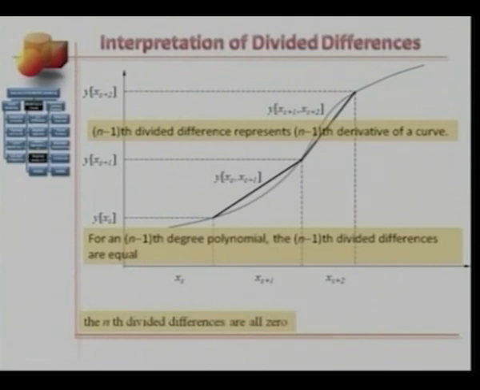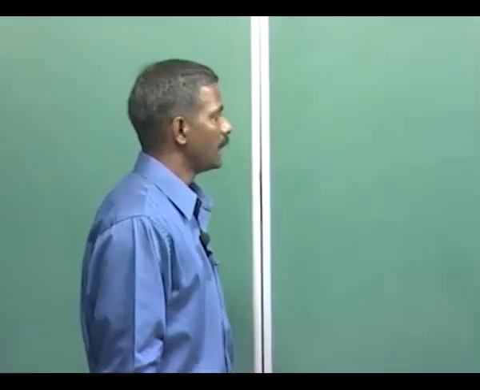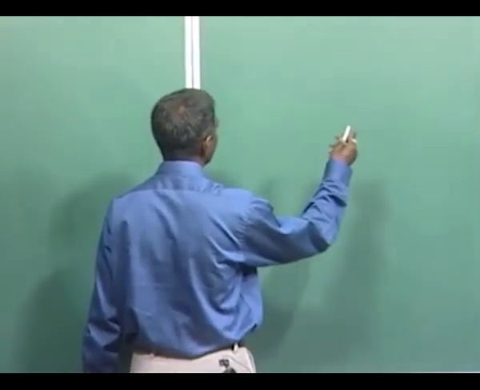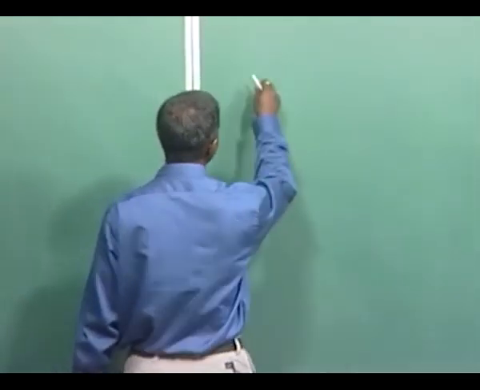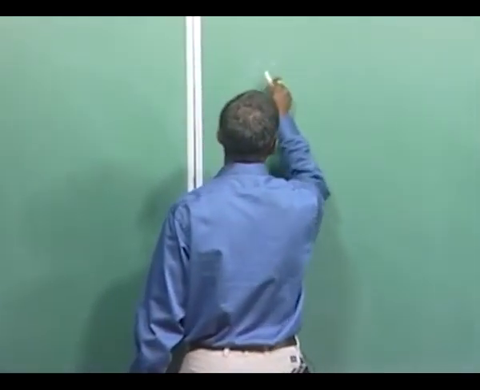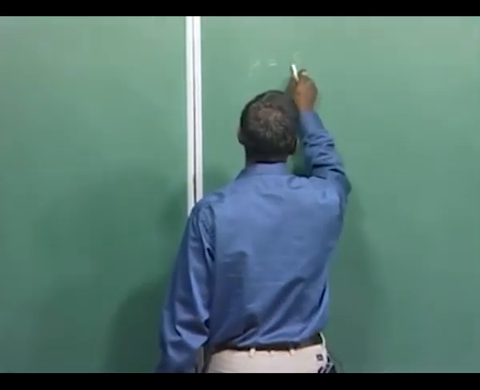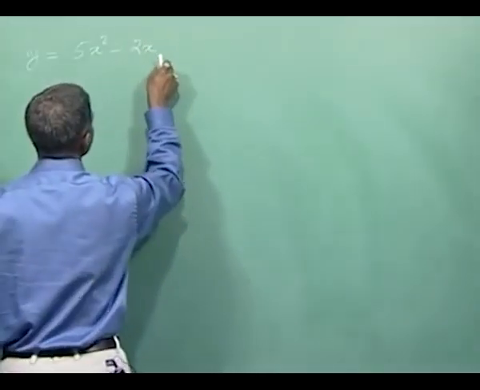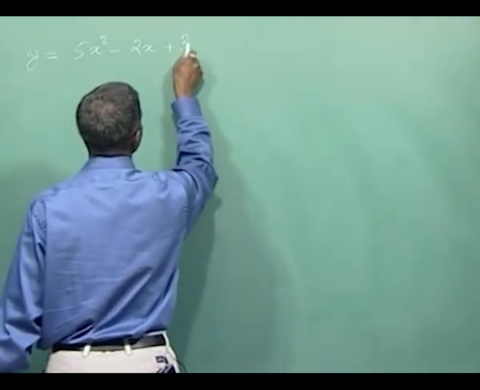Let me use this example and explain a few things on the board for you. Let me make up an example for you here. Let me consider a quadratic polynomial. y equals, let's say, 5x squared minus 2x plus 3.